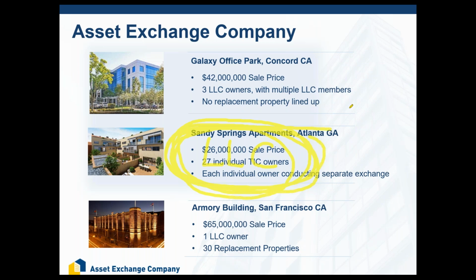It is the taxpayer who owns the property that is eligible to do the exchange. You may have one taxpayer or you may have 27. And it's very important for a 1031 exchange to know who the true owner of the property is. I see this all the time with trusts and LLCs and partnerships.